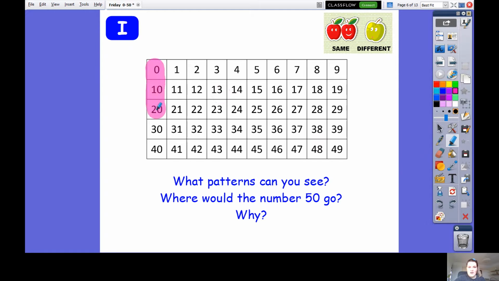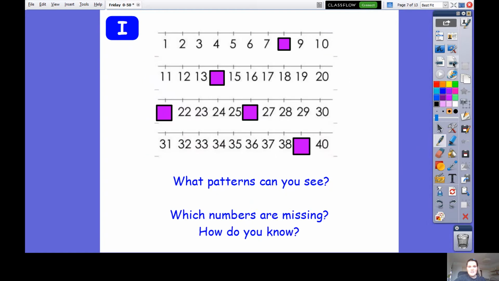You would be absolutely right, because we can look at these numbers here and see that they go up by 10 and the tens number changes. So the next number here would be 49, 50. And if we was to draw 50, it would be a 5 and a 0. Well done. Fantastic work, guys.